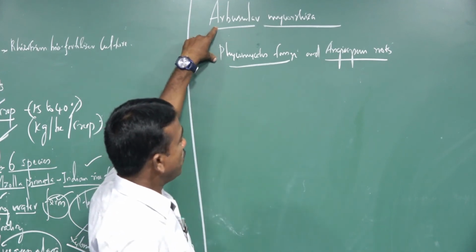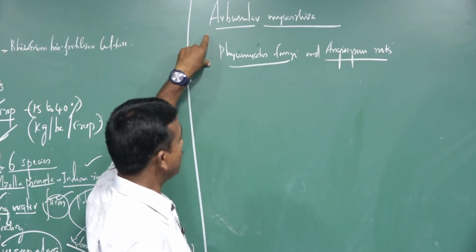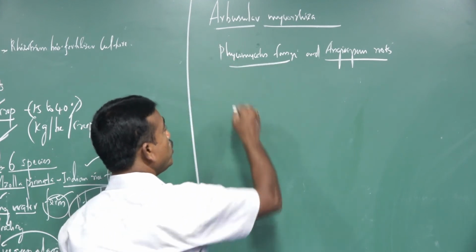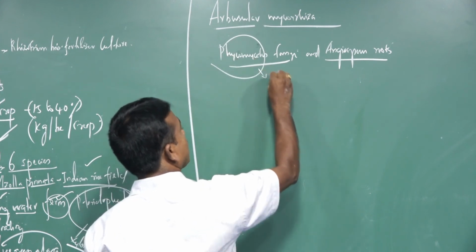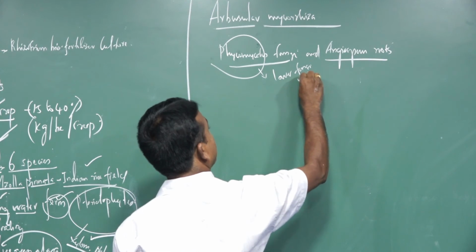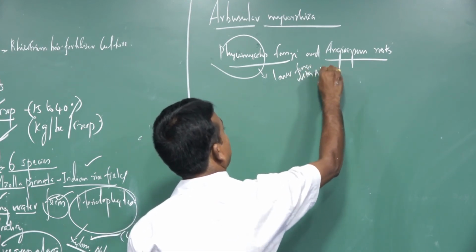So arbuscular mycorrhiza is formed by the symbiotic association between Phycomycetes fungi and the angiosperm. Do you know the meaning of Phycomycetes? They are commonly called lower fungi with aseptate hyphae.